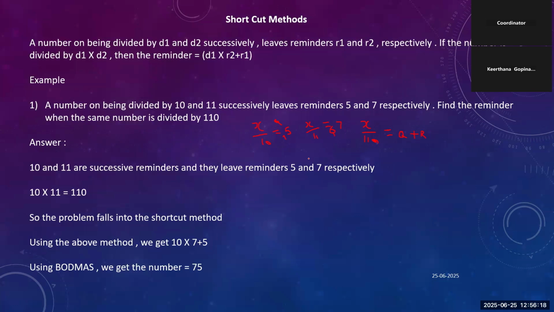Now, 10 and 11 are successive divisors, not remainders, and they leave remainders of 5 and 7 respectively. Now 10 into 11 is how much? 110. Yes, sir.